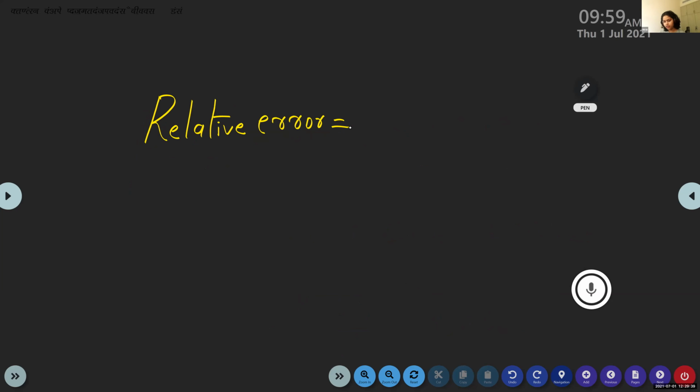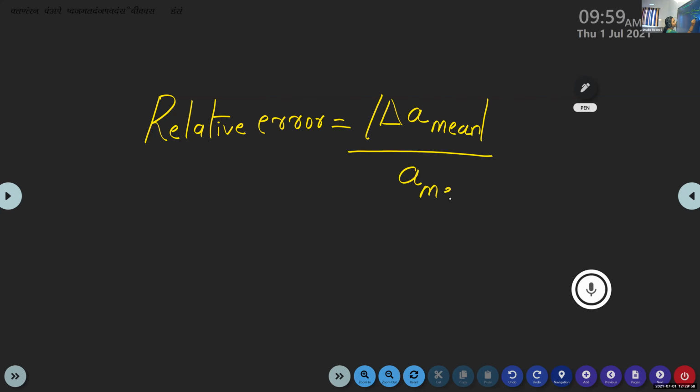Delta A bar divided by A true value. Yes, it is the ratio of mean absolute error divided by the true value. That is A mean. This is the equation for calculating relative error.